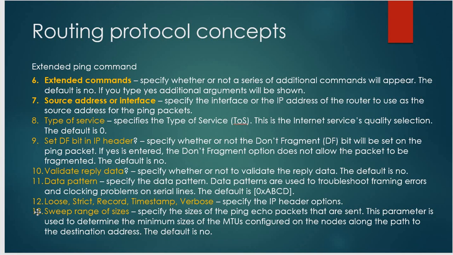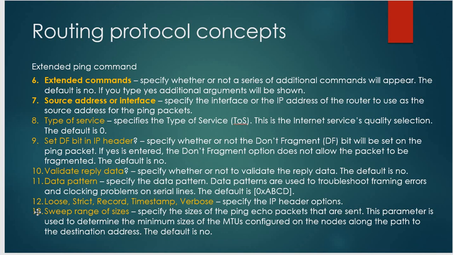What is this data pattern used for? The data pattern is used to troubleshoot the frame, whether there is an error or not, clocking problems, synchronization clock problems on serial lines. So this is the data pattern. And 12.